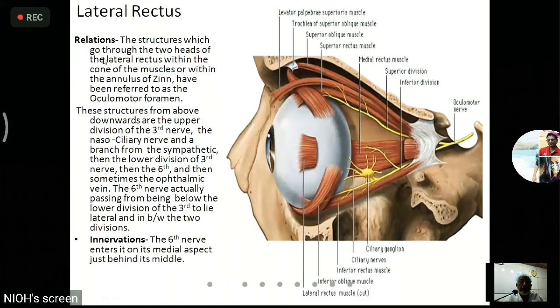Then again, the structures go through the two heads of the lateral rectus within the annulus of Zinn, referred to as the oculomotor foramen.